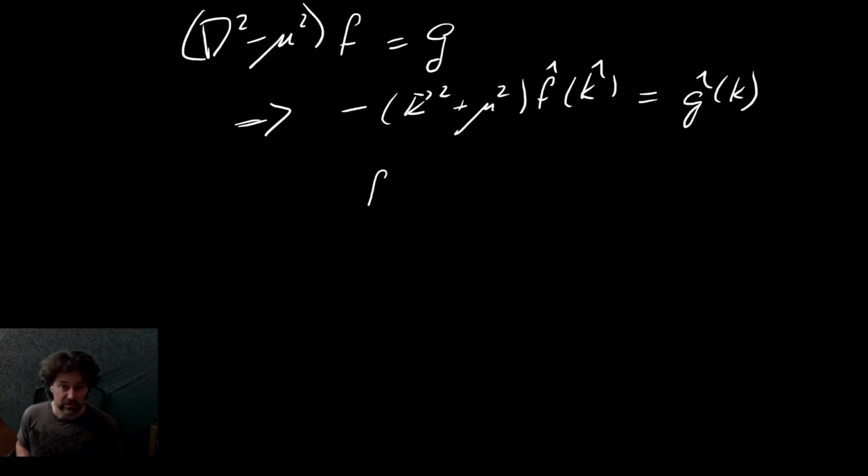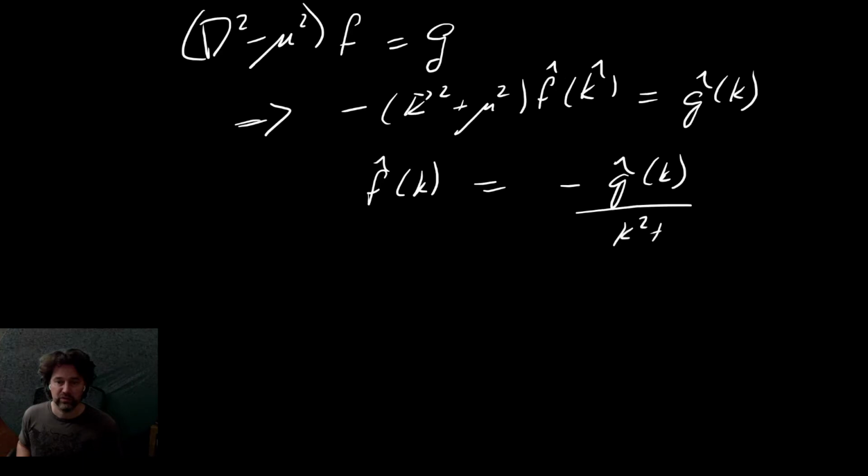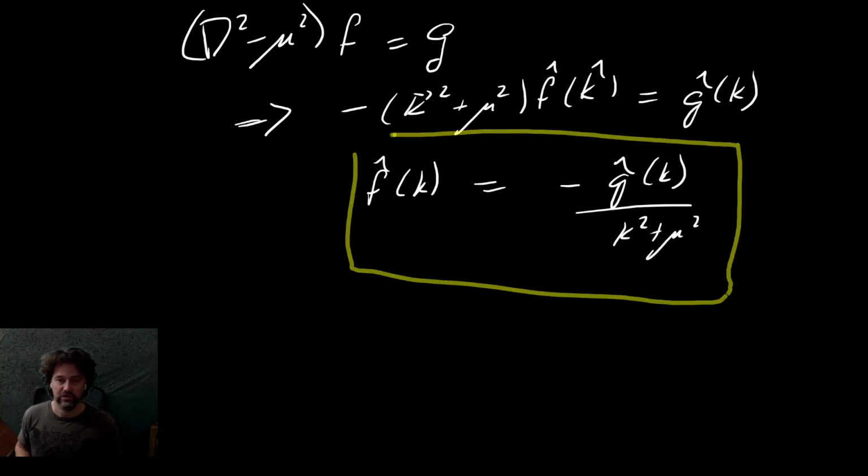I'll rewrite this slightly to put it in the form that we want to invert. We have f hat of k equals minus g hat of k over k squared plus mu squared. You could say that this is the full solution of the problem. For any g of x, we can find g hat of k, and that gives us f hat of k. Just divide by k squared plus mu squared, then inverse Fourier transform, and we're done. We want to try to pre-evaluate this relationship so that we can do it in position space without first having to go through momentum space as an intermediate.